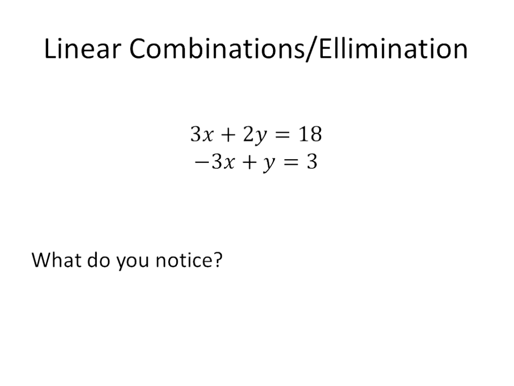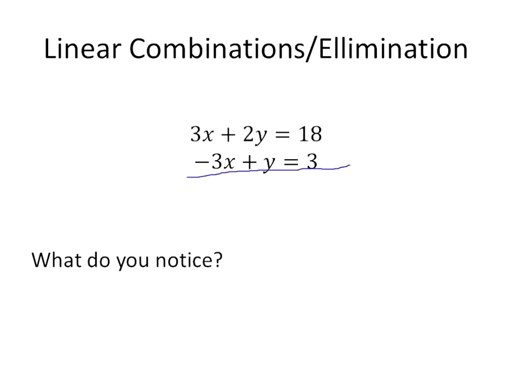We have 3x plus 2y equals 18 and negative 3x plus y equals 3. If I'm going to combine the two equations together, my goal when I combine them is to be able to eliminate one of the variables so that we can solve for one variable at a time. So if I add these together, I get 3x and negative 3x.